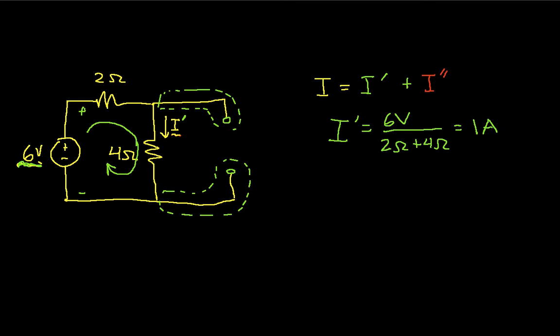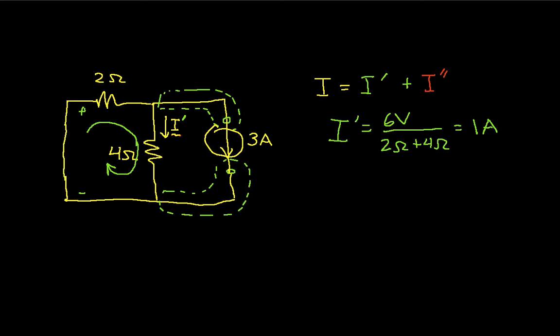Let's put the current source back. So we now have our current source back. And let's get rid of our 6 volt source. To make a voltage source go away, to set it to 0, basically you replace it by a short circuit.